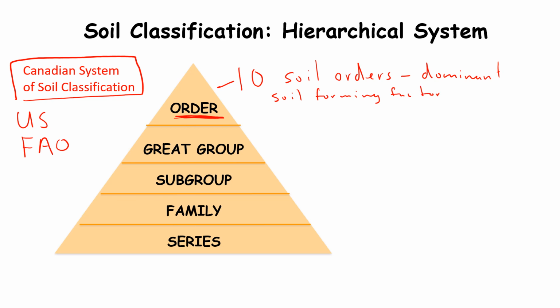So this is the highest level of organization. There's only 10 of these, and as we go down in a hierarchical system, we add more detail, and therefore there are more individuals in each different classification.